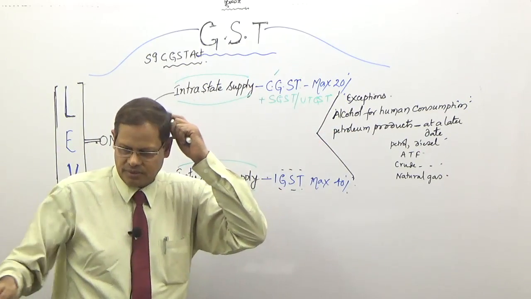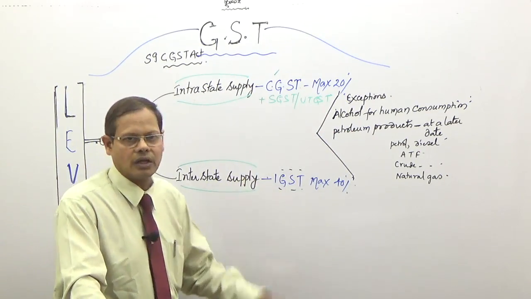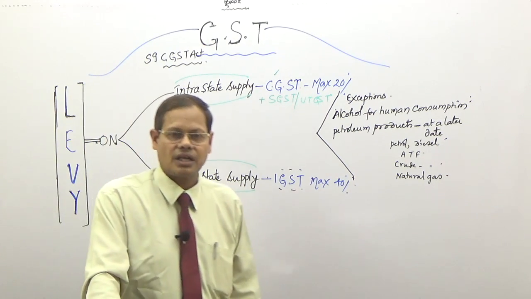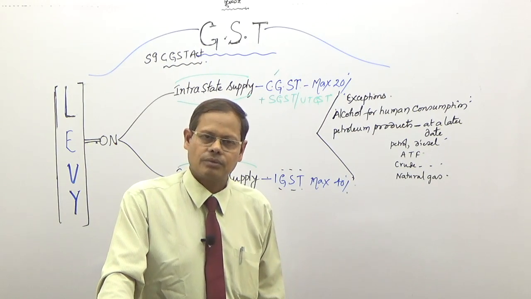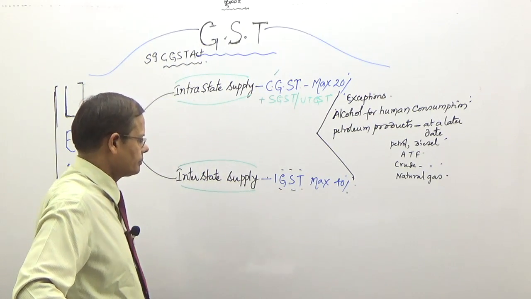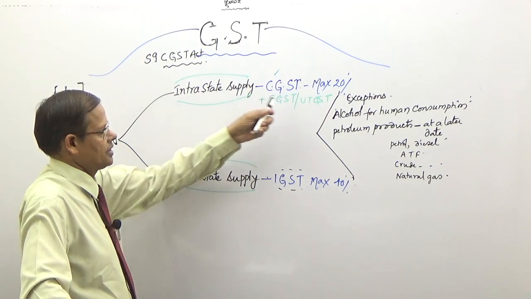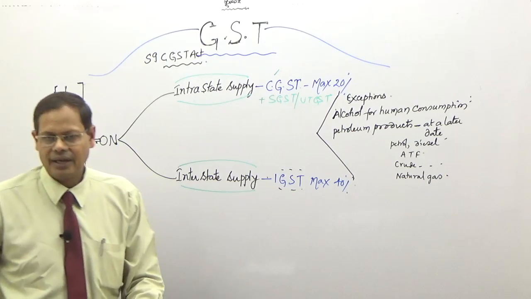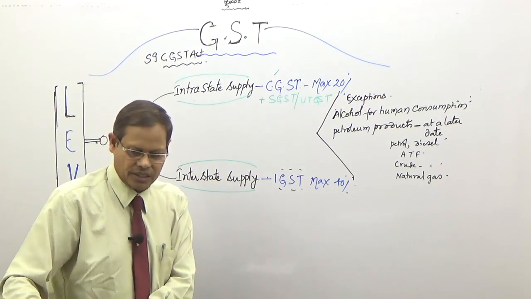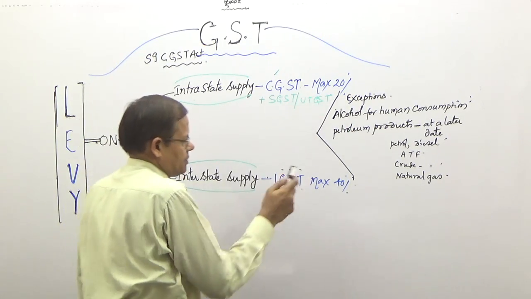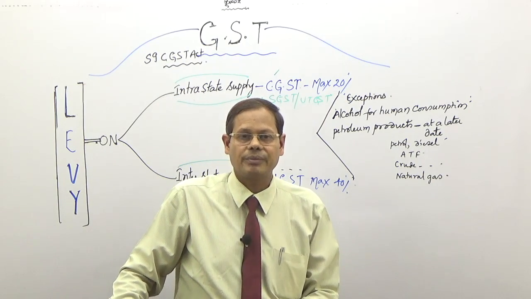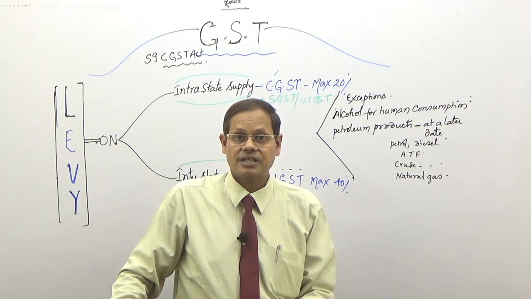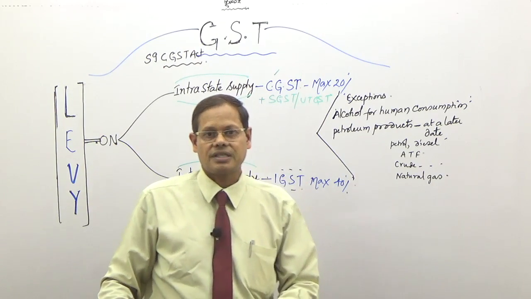Except these things, GST is levied on all other goods or services supplied. If the supply happens to be intrastate, this is the case. If the supply happens to be interstate, this is the case. And another point is, it is a percentage, so it is the ad valorem method. Ad valorem means the tax is levied as a percentage on the value of the goods or services supplied.